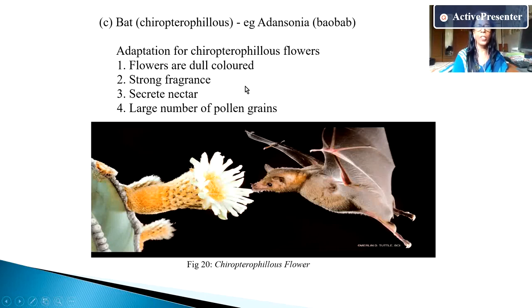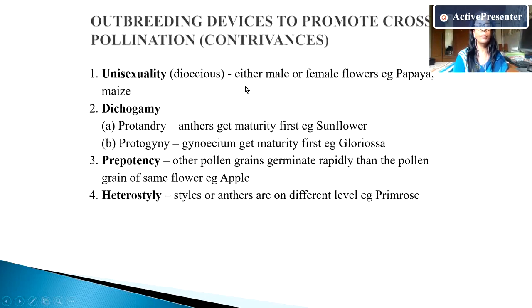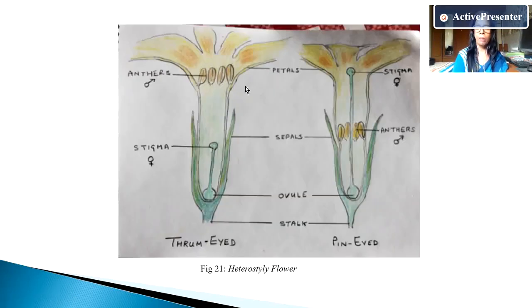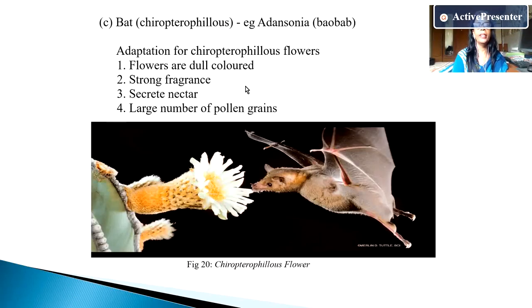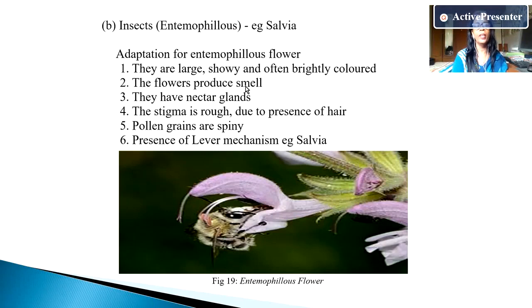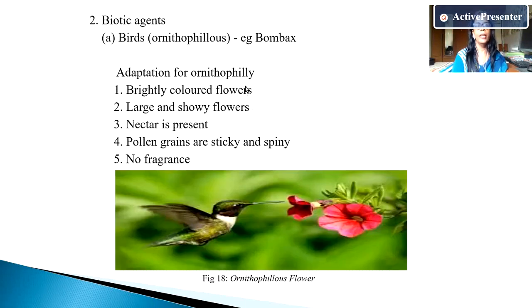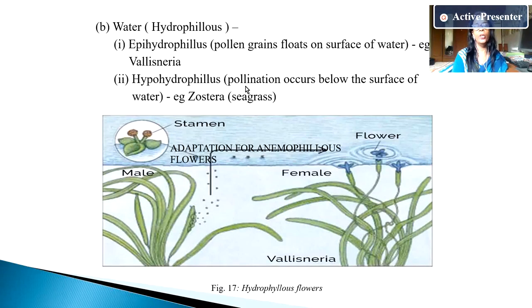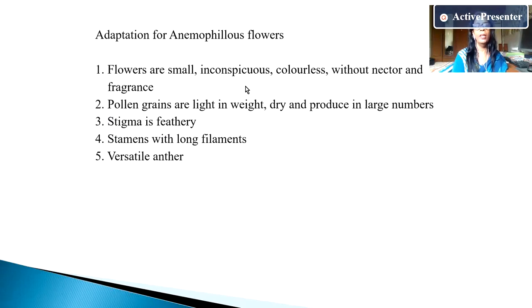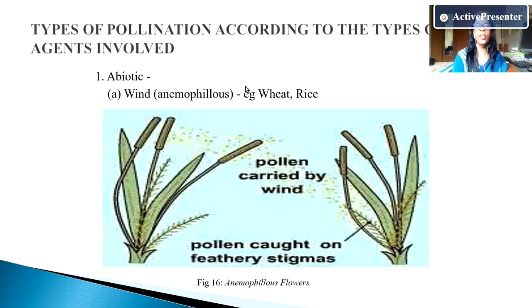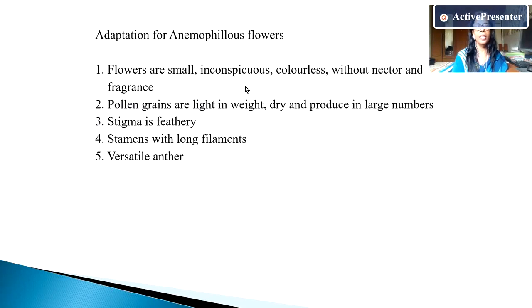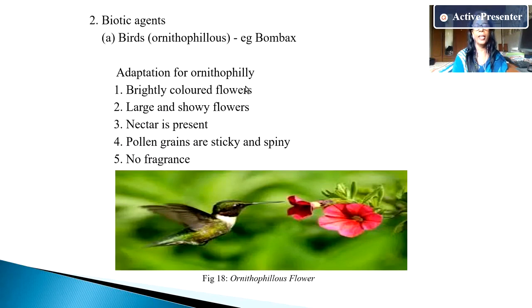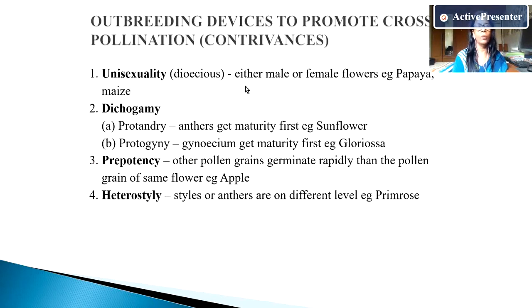Bat pollinated chiropterophilous flowers, entomophilous flowers, then ornithophilous flowers: that is biotic agents. And water, hydrophilous flowers, is abiotic, and the next one is wind pollinated flowers. So these are the different types of pollination and adaptations present in different flowers.